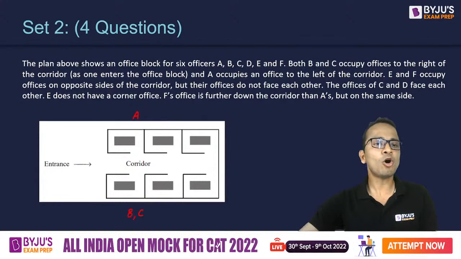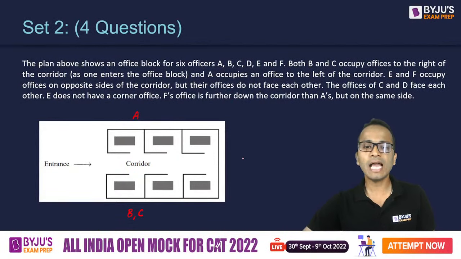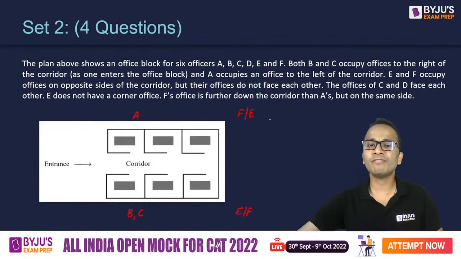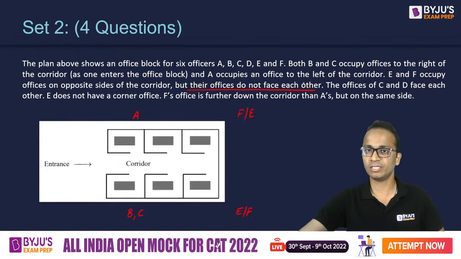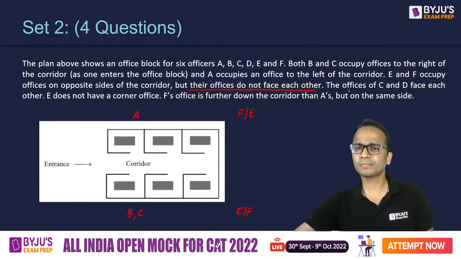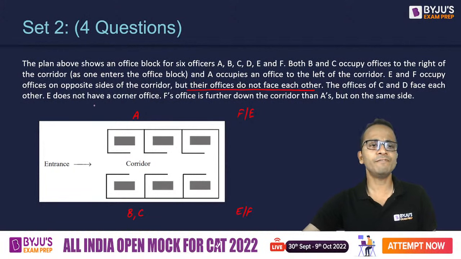Next is E and F occupy offices on the opposite sides of the corridor, but they don't face each other. So either E or F will come here on the right-hand side and the other person will go on the left-hand side, and E and F are not facing each other. We have to consider this carefully. Next, the offices of C and D face each other.